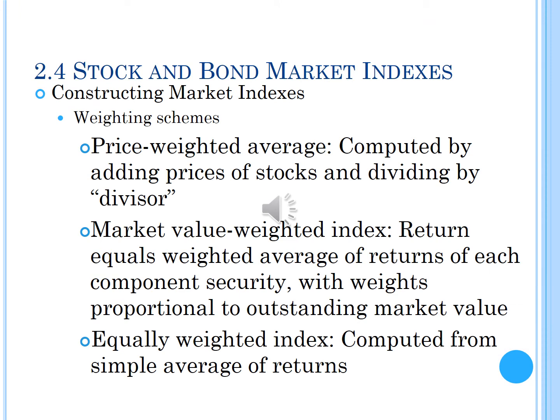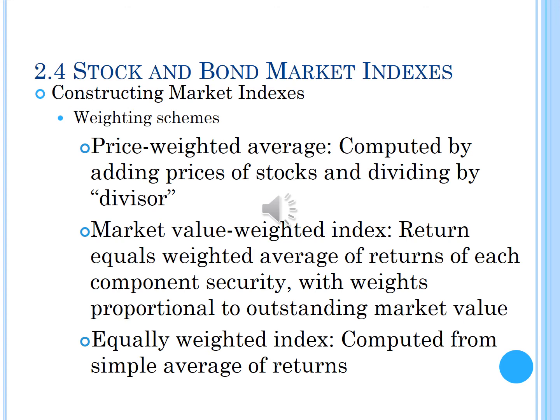Again, just to reiterate, the way market indices are constructed is mainly built around the different weighting methods that are used for each index. So we have the price weighted average, which is computed by adding prices of stocks and dividing by a divisor. We have a market value weighted index, which takes the weighted average of returns of each component security with weights proportional to outstanding market value.